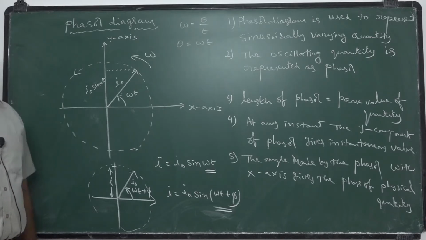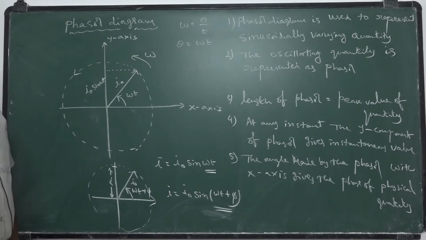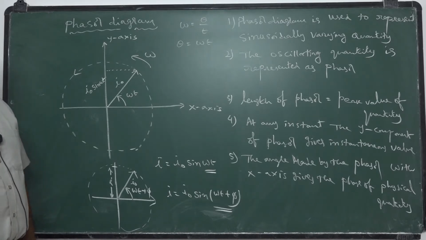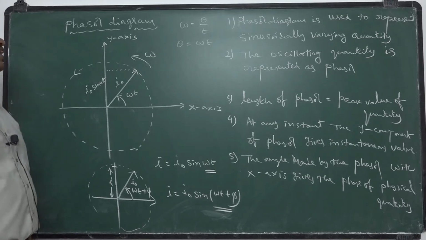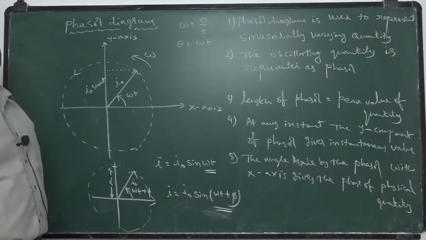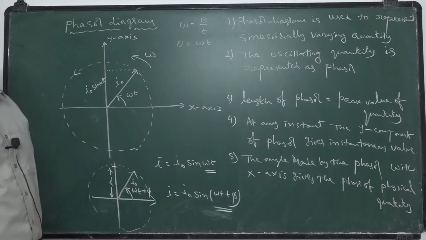So clearly, phasor diagram is a diagram which is more helpful to understand the behavior of alternating current in a particular circuit, and the response of a certain device like capacitor, resistor and inductor to alternating current can be understood very easily with the help of phasor diagram.